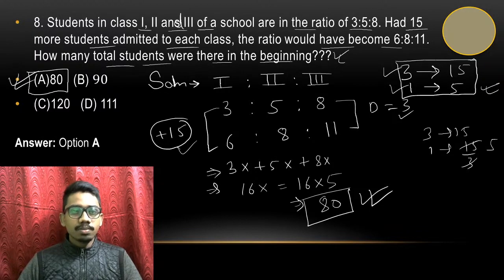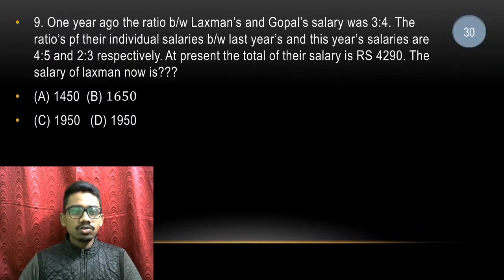Let's solve question number 9. One year ago the ratio between Lakshman's and Gopal's salary was 3:4. The ratios between their salaries last year and this year are 4:5 and 2:3 respectively. At present the total of their salary is 4290.